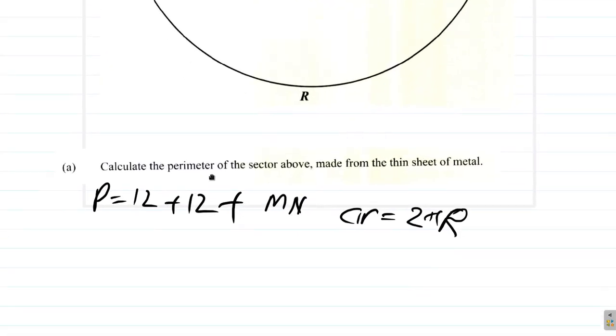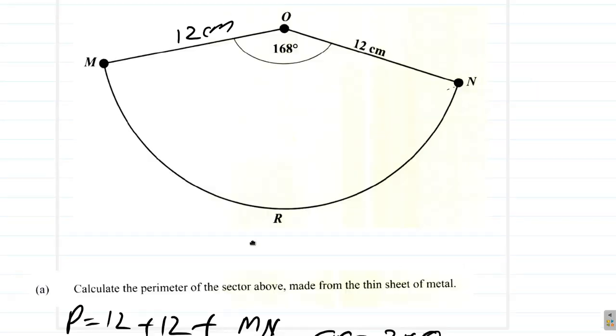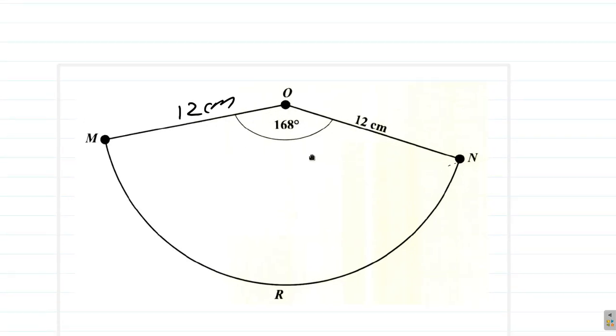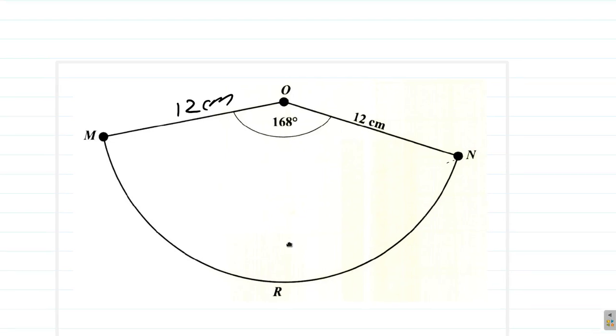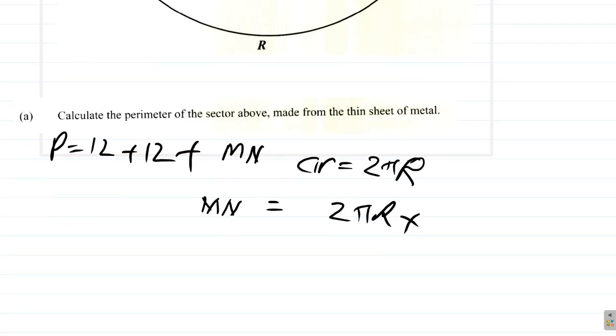But MN is not the whole circumference, it's part of it. It's 2 pi r times a fraction. That fraction is the sector angle divided by the total of 360. So it's 168 degrees over 360 degrees.